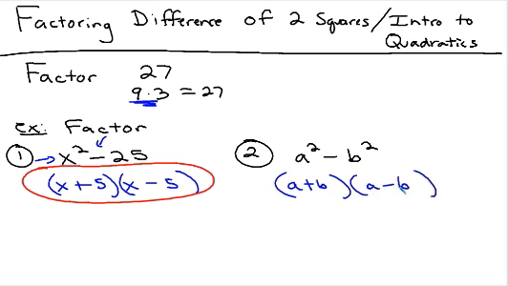That problem is done. It has been factored, all because of the difference of two squares shortcut. If I were to try to do FOIL with this, I would get this. All right, but we don't have to because we know the shortcut. Easy enough? Now, of course, there's some things that we need to know about this.